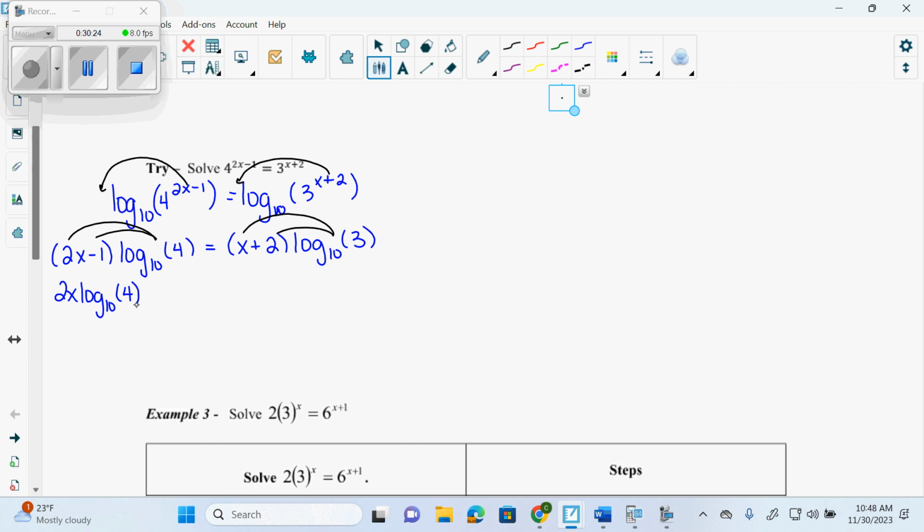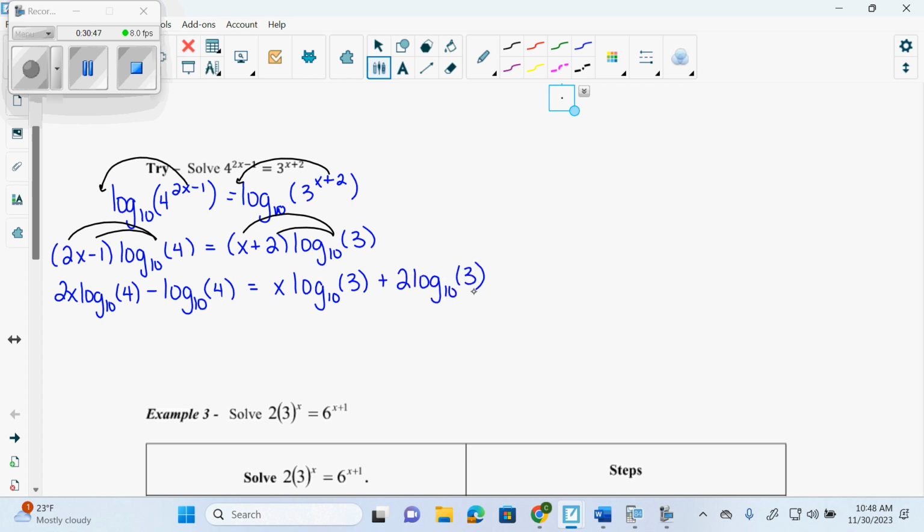All right. So we log base 10 both sides so that we can drop the exponent in front. We drop the exponent in front so that we can distribute. And so we get 2x log base 10 of 4 minus log base 10 of 4 equals x log base 10 of 3 plus 2 log base 10 of 3.